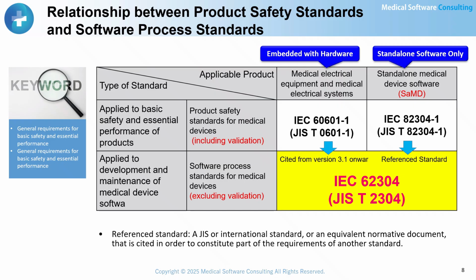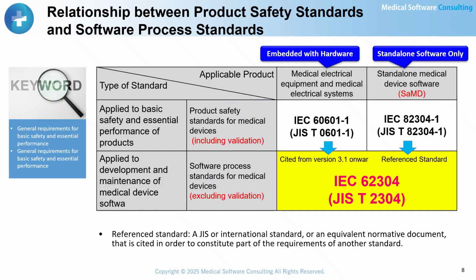For electrical medical devices, compliance with IEC 60601-1 must be demonstrated. If software is used in the device, compliance with IEC 62304 must also be shown. For standalone software as a medical device, or SAMD, the relevant product safety standard is IEC 82304-1.